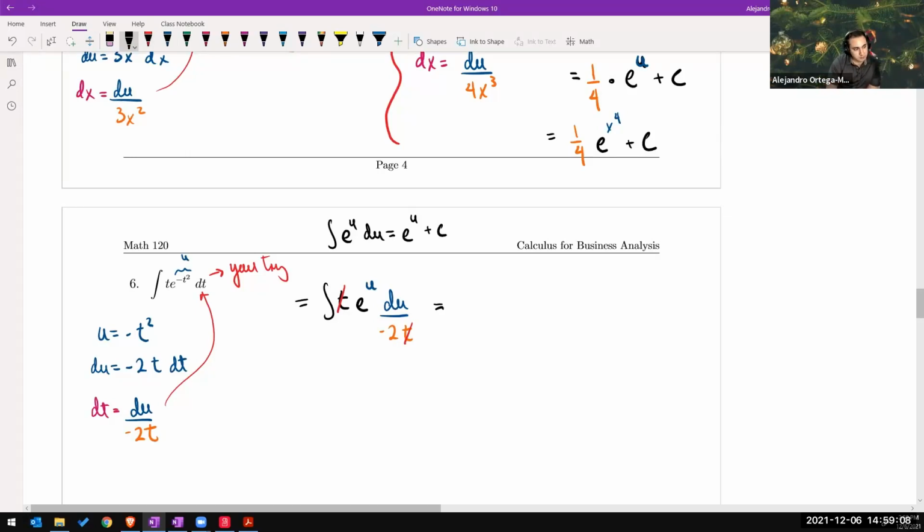So this is going to be a 1 over negative 2, or alternatively, simply a negative 1/2 times the integral of e to the u du, which is just going to be a negative 1/2 times e to the u plus c. And that's going to be a negative 1/2 e. What was our u? The u was negative t squared plus c.